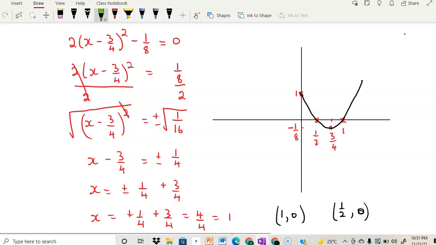Our next step, guys, is to just label the points that CXC asked us to clearly show. Our first one there is our y-intercept, so let's go ahead and label that y-intercept.